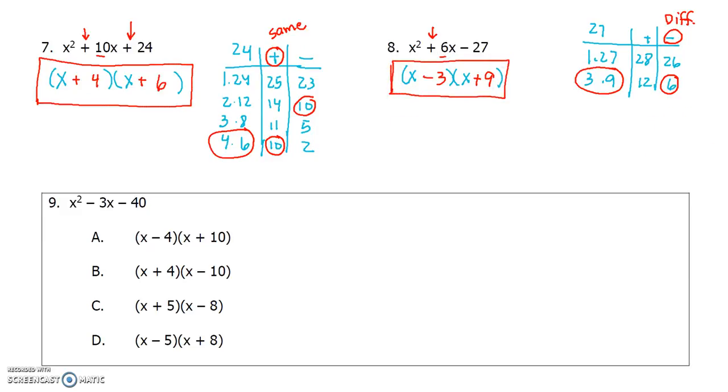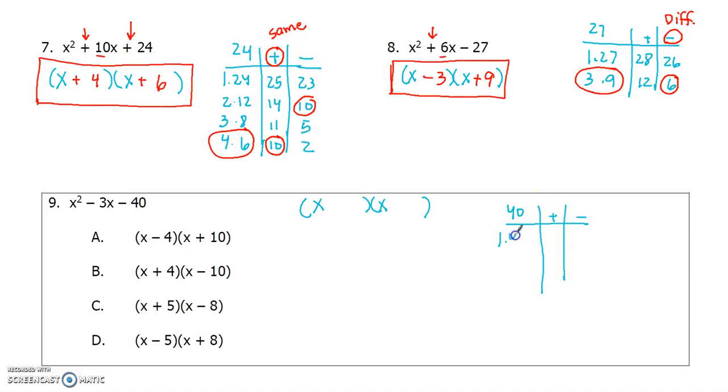Okay, number 9. Again, no GCF, I can't do grouping, I have a trinomial, no lead. So I can immediately put my parentheses. It's x squared, so I'm putting x and x. I'm going to factor my last term, which is 40.